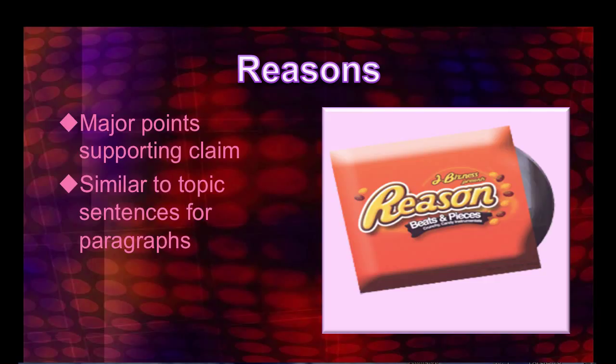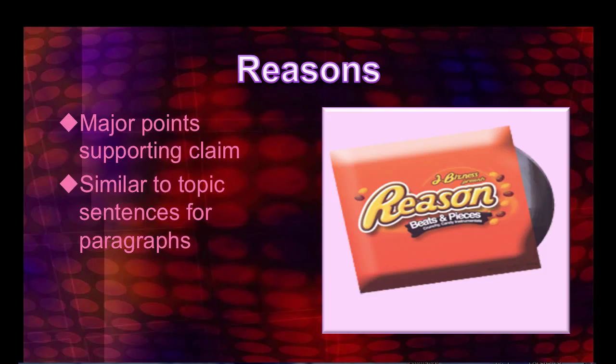If you remember when you learned how to write a basic 5-paragraph essay in high school, whether that was last year or 10 years ago, you were taught about something called the topic sentence. And the topic sentence for a paragraph states the subtopic of the paper that that paragraph is going to talk about. The reason is the same thing.